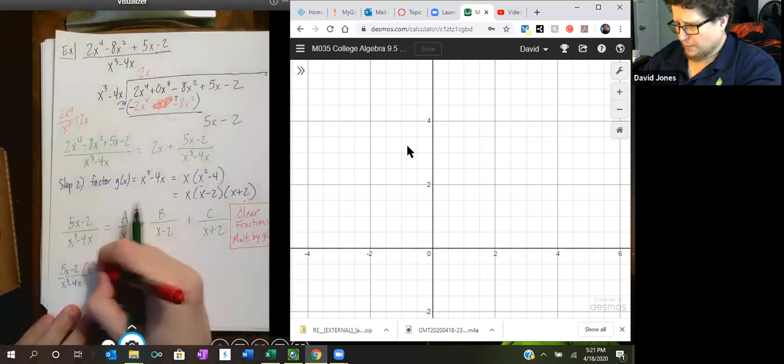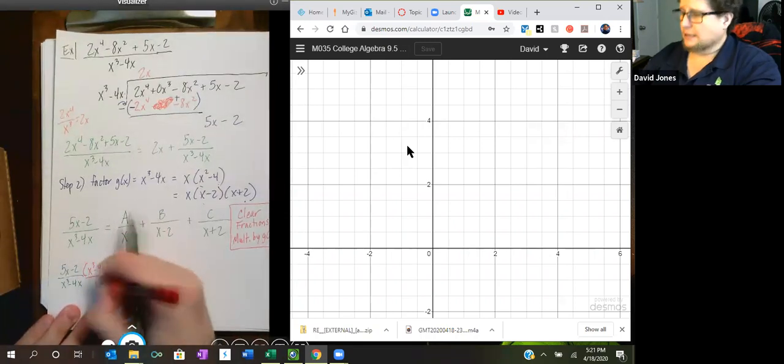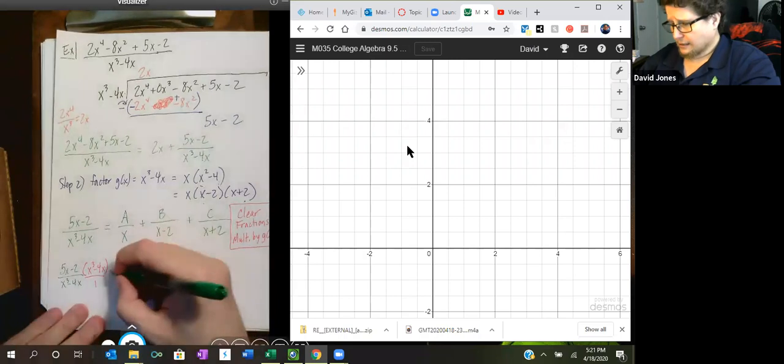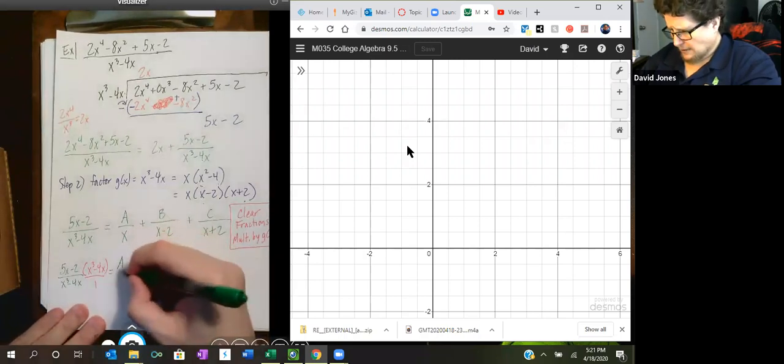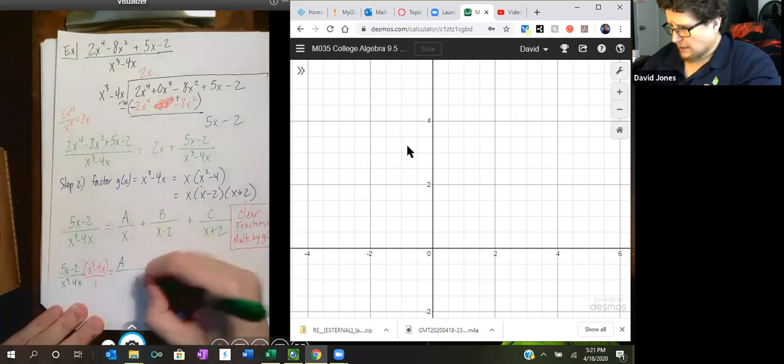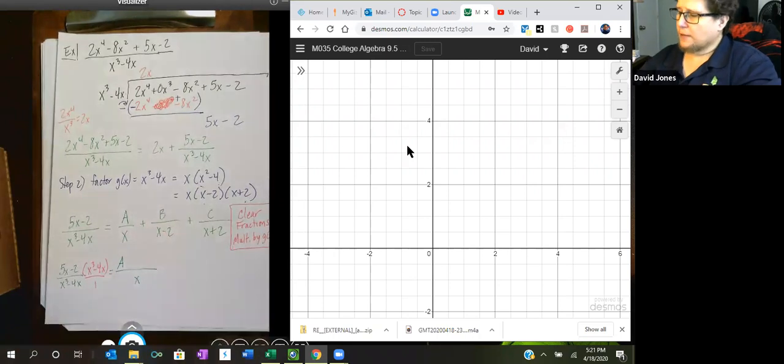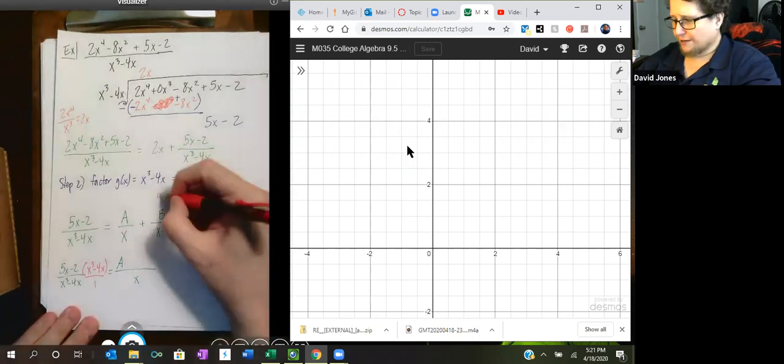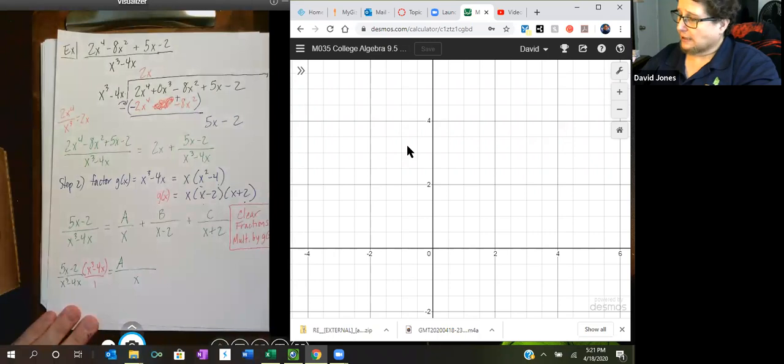Times x cubed minus 4x over 1. And I'm going to use the factored form of g of x on each of these.